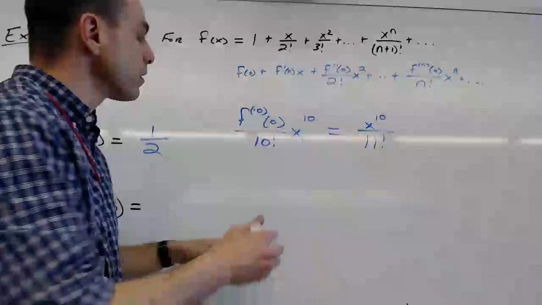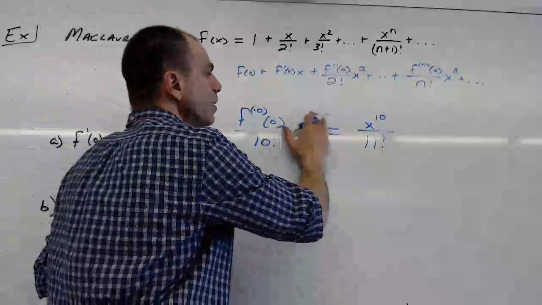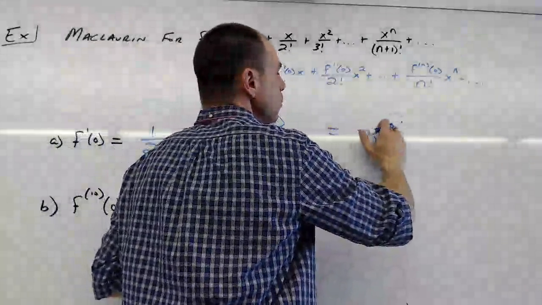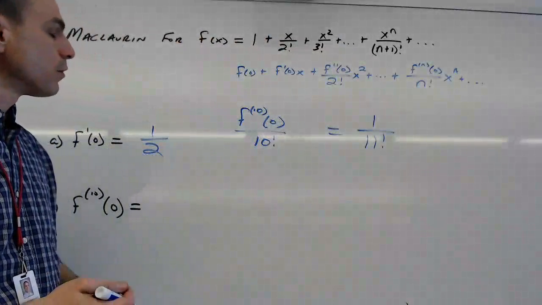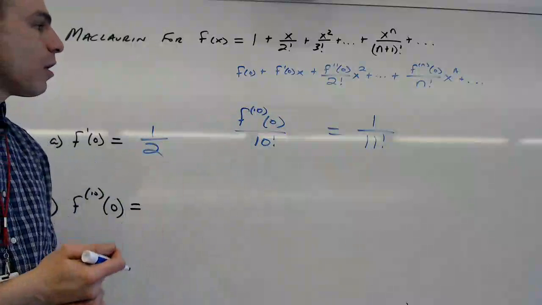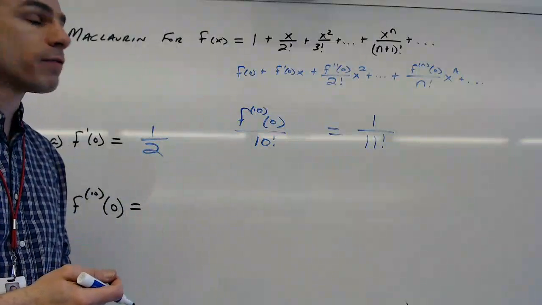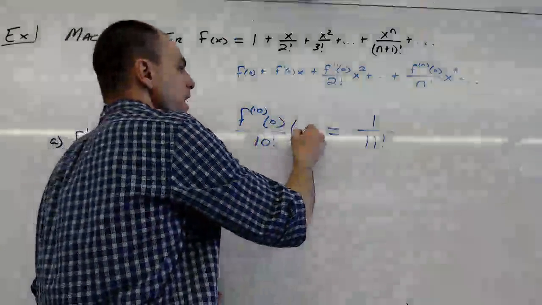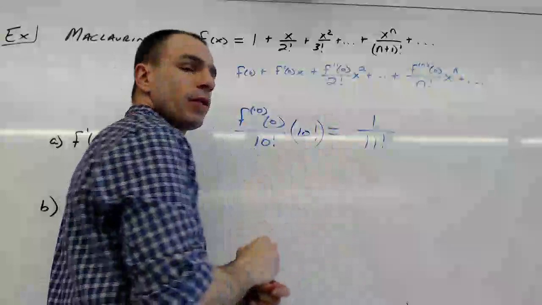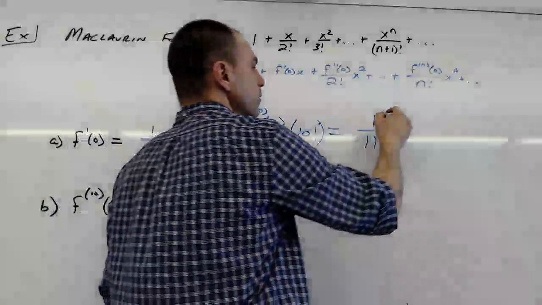So we basically realize here we don't need the x to the 10ths. We need this equation to be true, all right? So what do we need to do in order to solve for the 10th derivative of f? We got to get the 10 factorial over to the other side. And we can do that very quickly by multiplying both sides by 10 factorial.